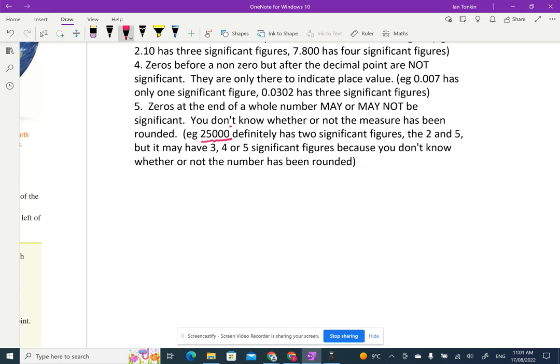Or did the person decide to round to the tens or the hundreds or even the thousands? You don't know. You do know that that 2 and 5 are significant because they're non-zeros. So this number has two significant figures, the 2 and the 5. The next three you don't know because you don't know whether they've rounded. So it could have 3, it could have 4, and it could have 5.